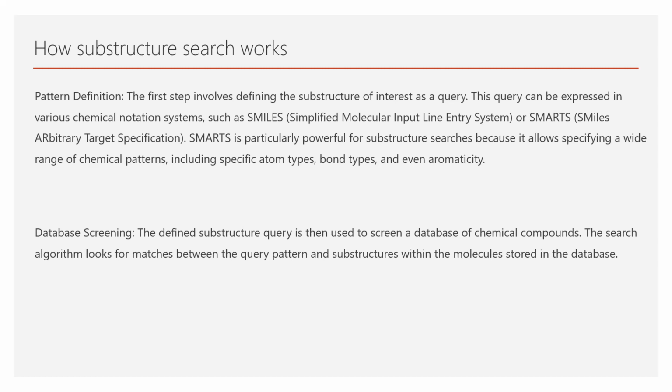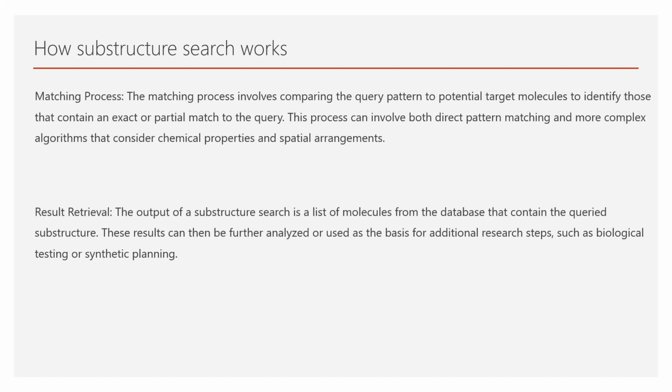Database screening. The defined substructure query is then used to screen a database of chemical compounds. The search algorithm looks for matches between the query pattern and substructures within the molecules stored in the database. The matching process involves comparing the query pattern to potential target molecules to identify those that contain an exact or partial match to the query.